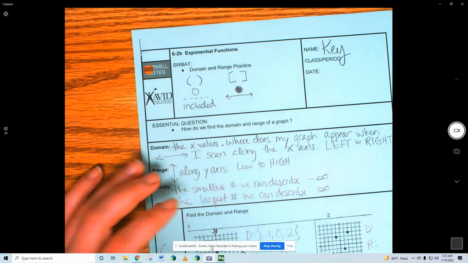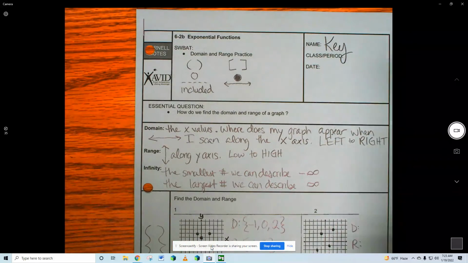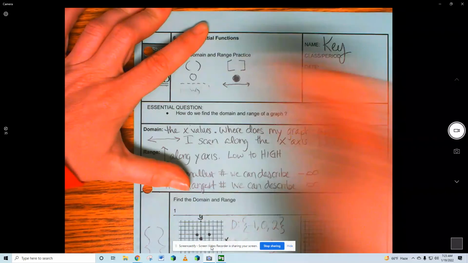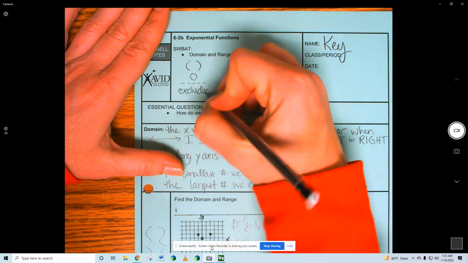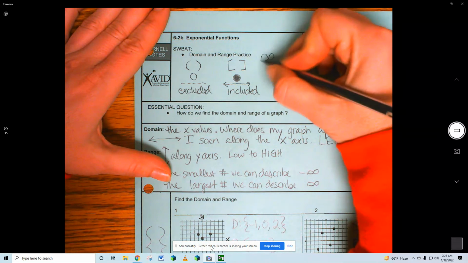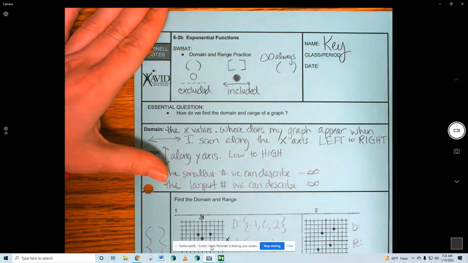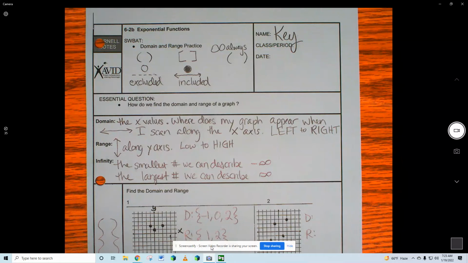Anytime a line touches, like a solid line, it means included. Infinity always has a parentheses. So if you're writing infinity, it's going to have a parentheses next to it.